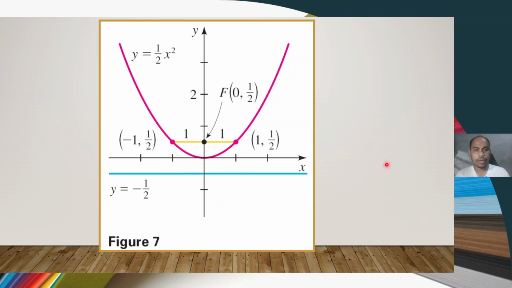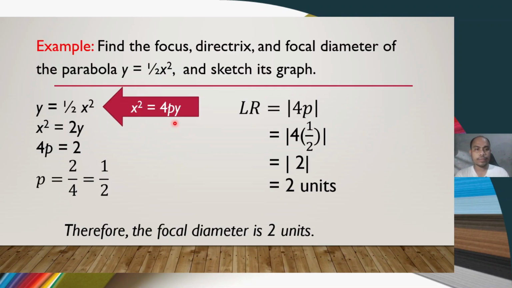Since we already know right away if our parabola opens downward, upward, left, or right, it depends on the standard form of our given. Earlier, since x squared equals 4py, we expect our graph to open upward or downward.